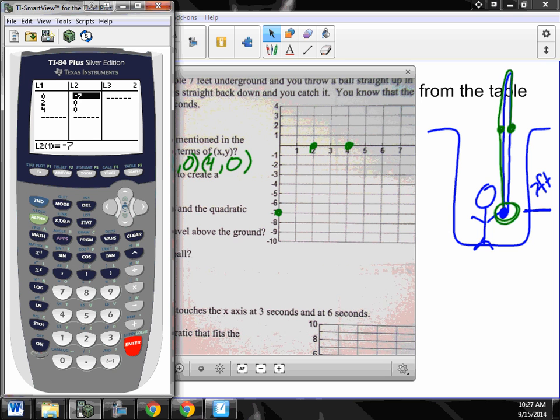And your L1 are going to be your X values, and your L2 are going to be your Y values. So enter the points 0, -7, 2, 0, and 4, 0. You just go right here and enter 0, 2, 4, and then go over here and enter -7, 0, 0.